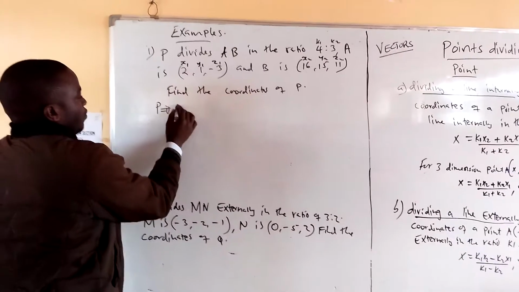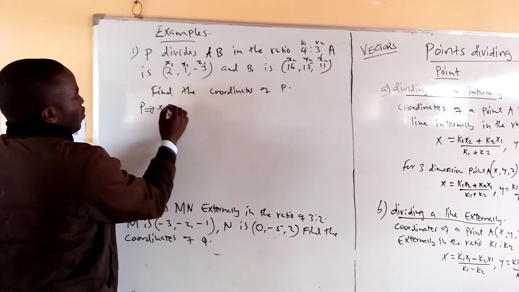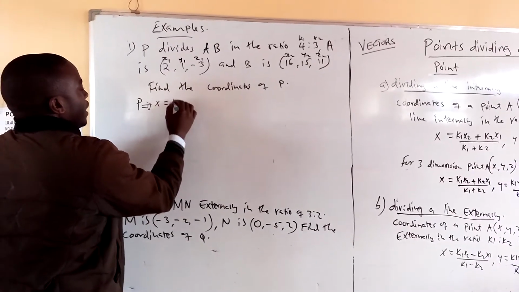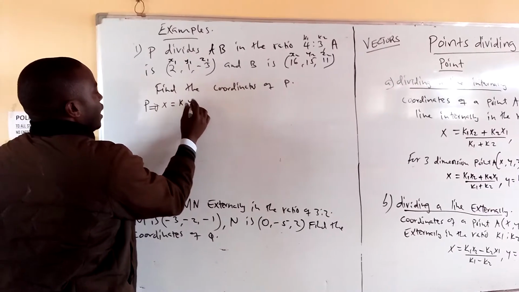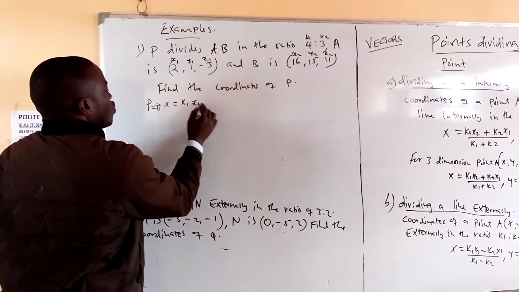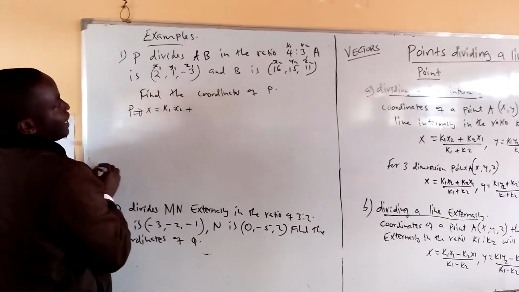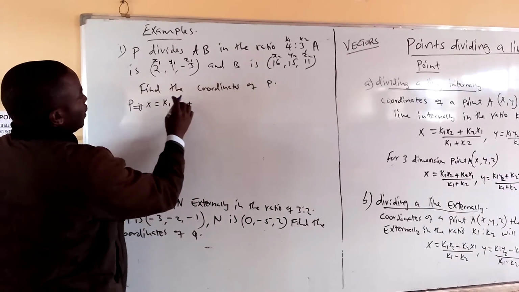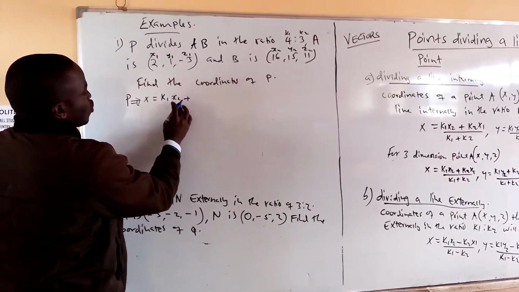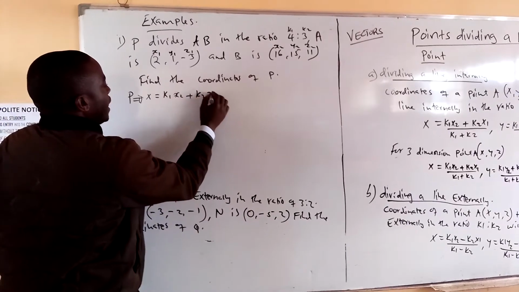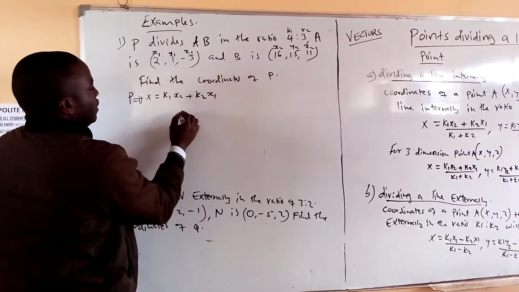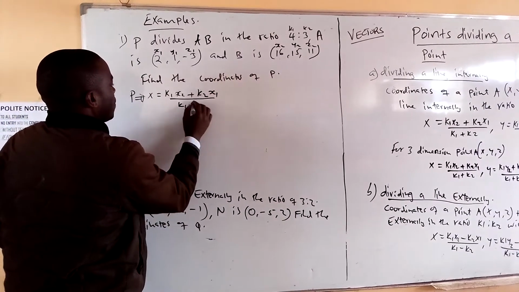Coordinates of P, for us to get x, would be equal to k1 x2 plus, because it is internally, plus k2 x1, all over k1 plus k2.